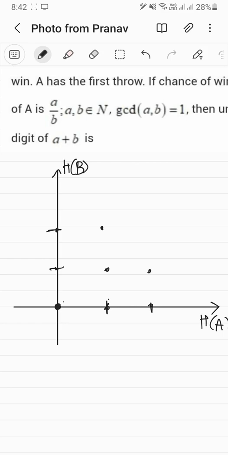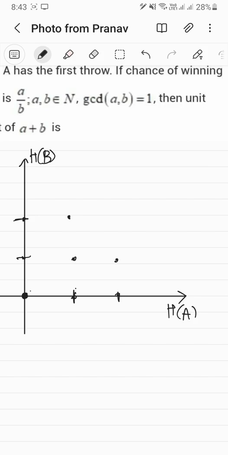Then after A's turn, the probability of the number of heads of A being 1 would be half, and the probability of the number of heads of A being 0 would be half as well. So this would be 1 by 2 and 1 by 2. Okay, that's cool.